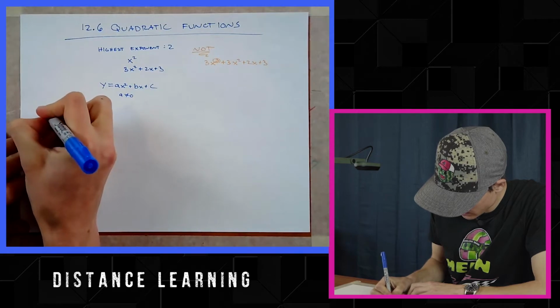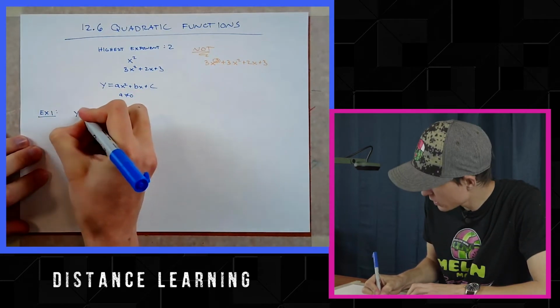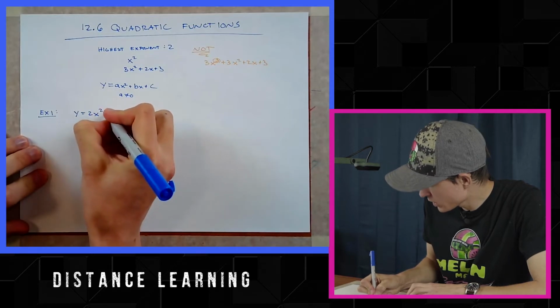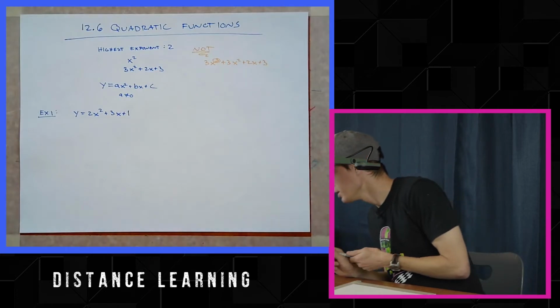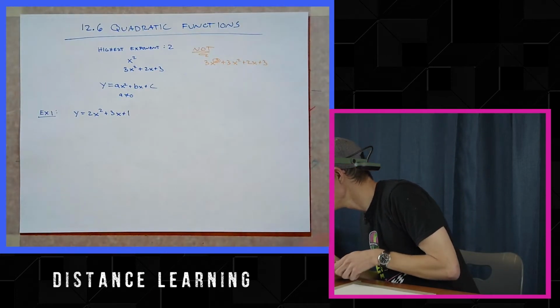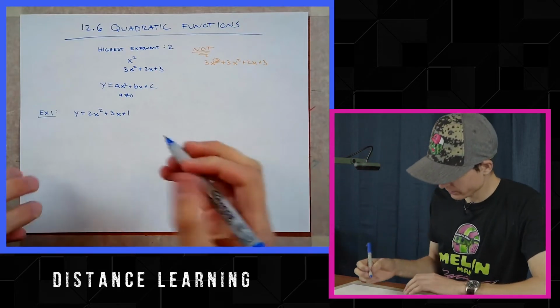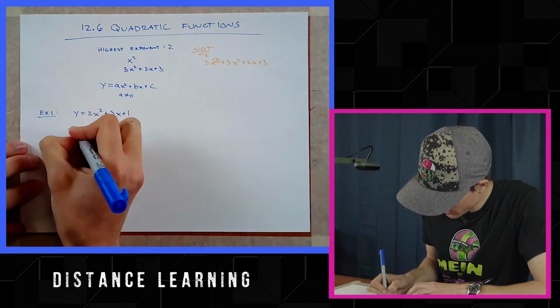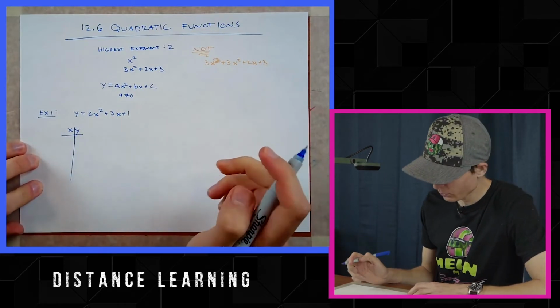So, as seen in example 1, y equals 2x squared plus 3x plus 1. What do they want us to do? They make a table. And you'll find out more in high school why to do certain things with your table.